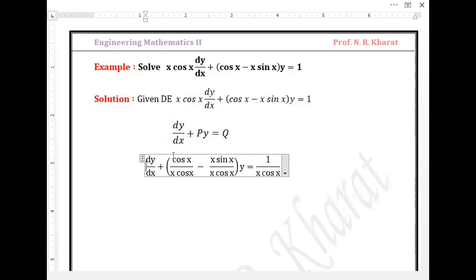By dividing the differential equation by x cos x, we get dy by dx whose coefficient becomes 1, because x cos x upon x cos x becomes 1.